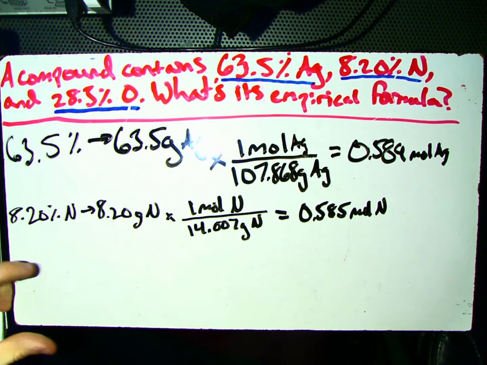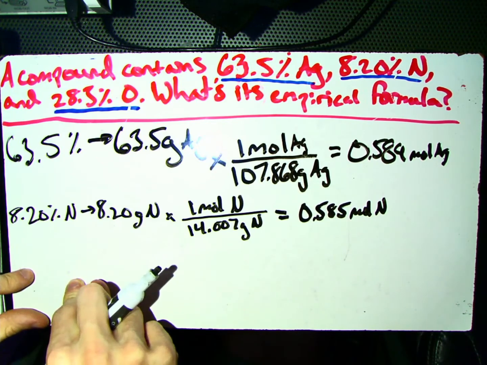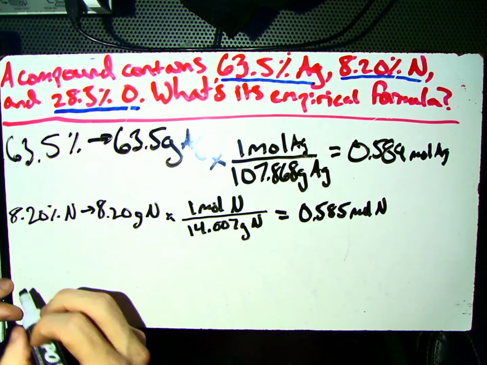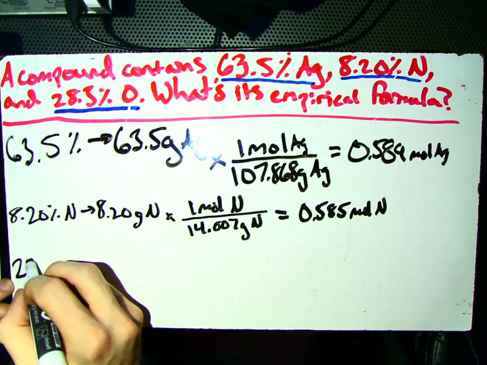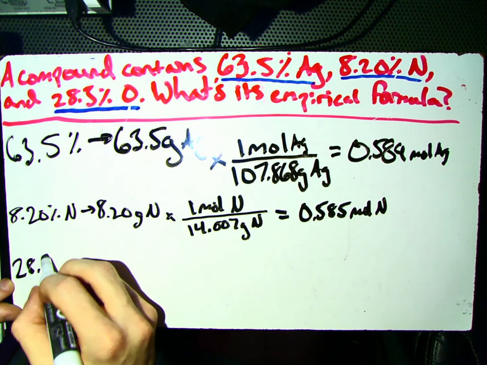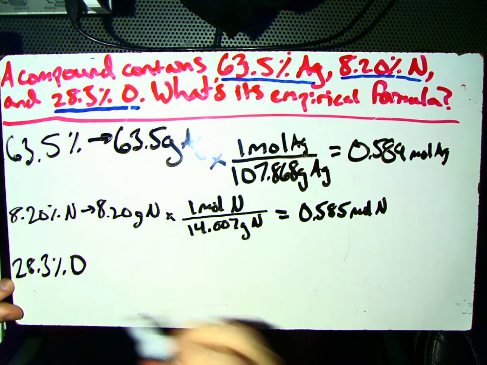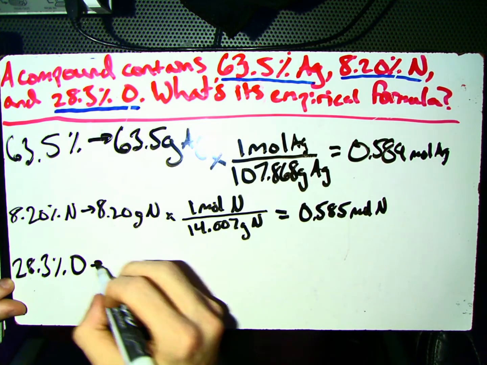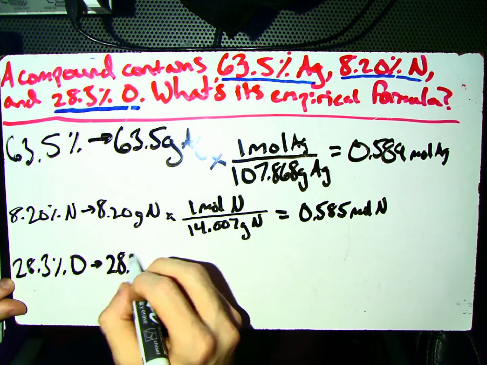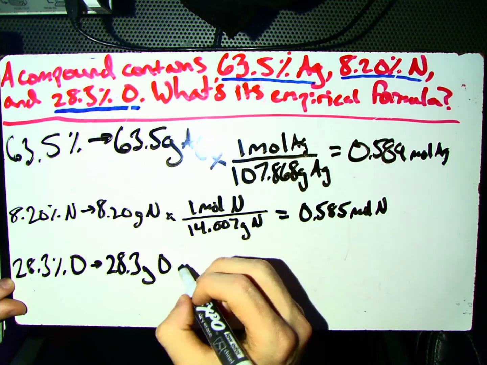All right. Last, let's go to our oxygen. 28.3% oxygen equals 28.3 grams oxygen.